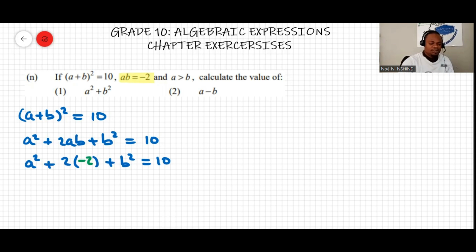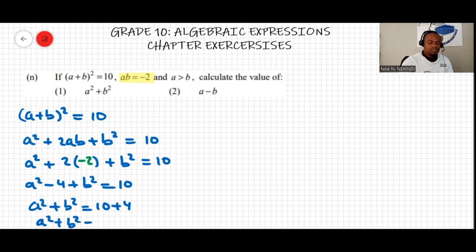And then this will be a squared minus 4 plus b squared equal to 10. If I move the negative 4 over, we have a squared plus b squared equal to 10 plus 4, and that makes a squared plus b squared just equal to 14.